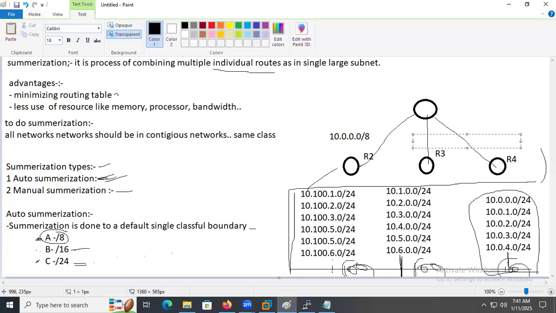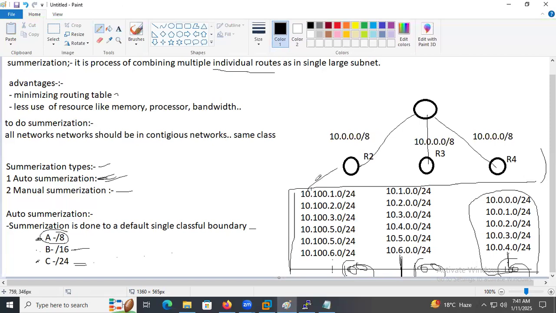Router 3 will also summarize to the classful /8, and router 4 as well. Means a classful route will be advertised to HQ, and HQ maintains all of that.